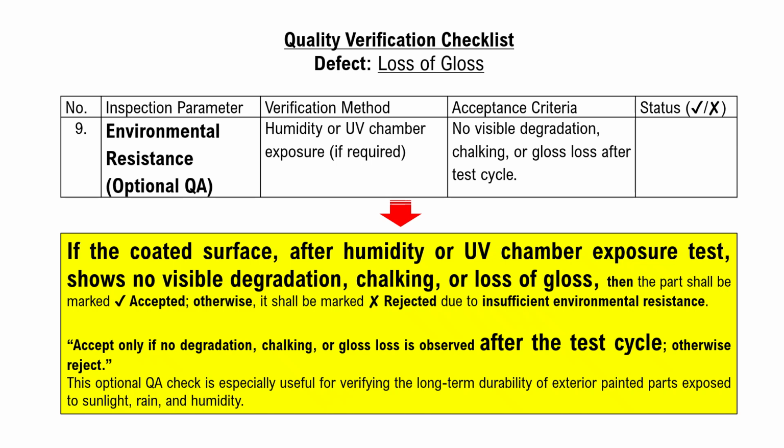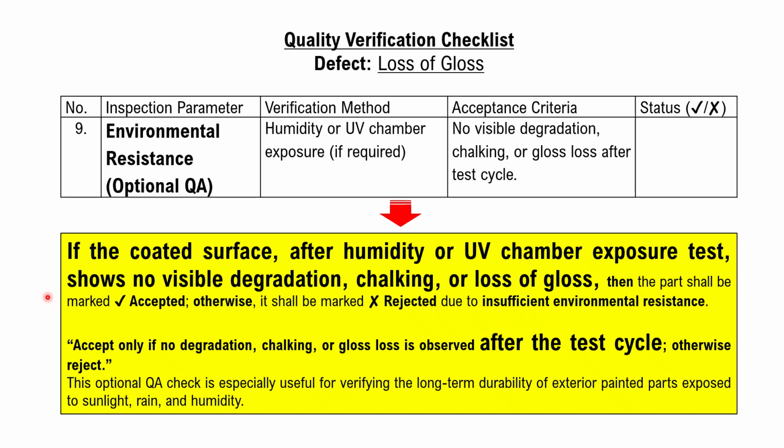Coming to the ninth inspection parameter, and that is environmental resistance. The verification method is humidity chamber or UV chamber exposure, if applicable or considered suitable. If the coated surface after humidity or UV chamber exposure test shows no visible degradation, chalking, or loss of gloss, then the part shall be marked as accepted.